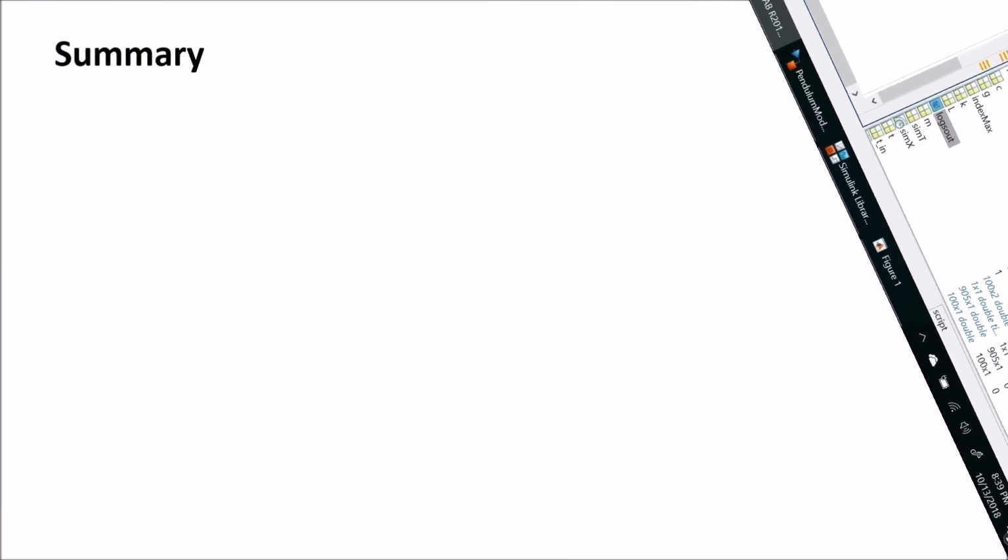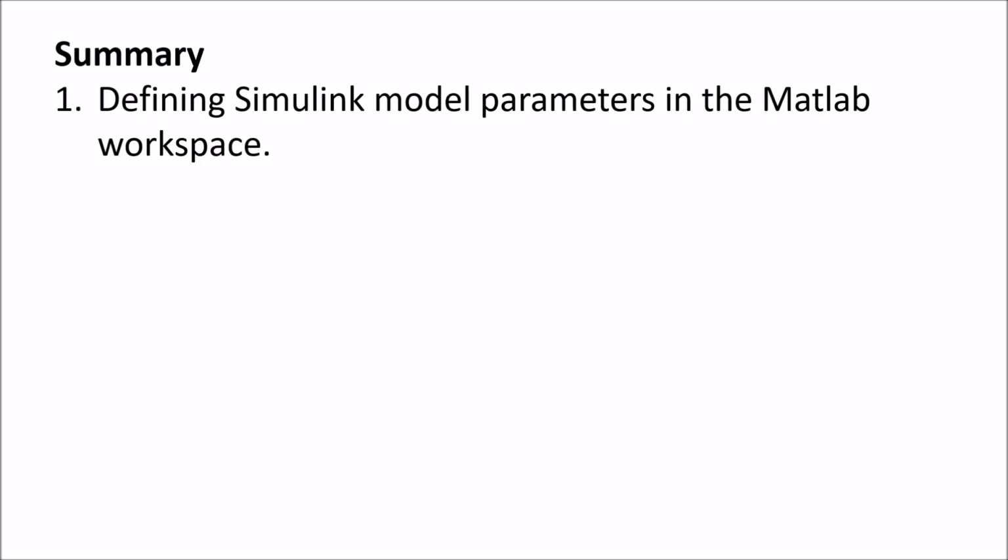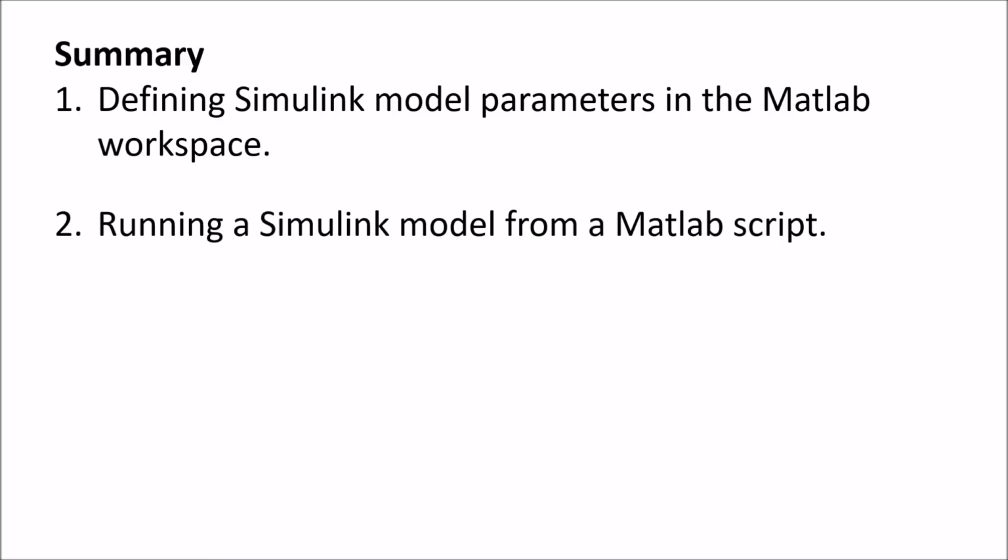All right, so to summarize what we covered today, we started out talking about how you can define variables in the Matlab workspace, which are then going to be used by a Simulink model. This allows you to generate a much more robust and dynamic Simulink model that's able to adapt to changing parameters. We then looked at the sim command, which allowed us to run a Simulink model from a Matlab script.